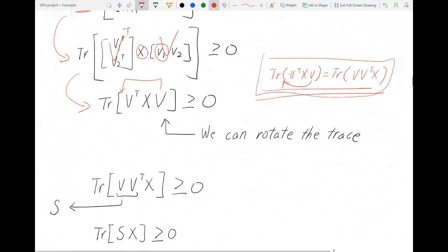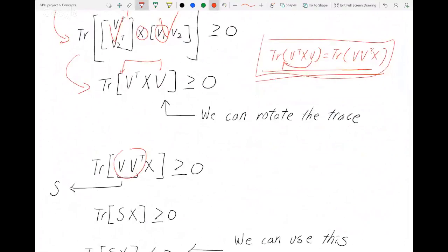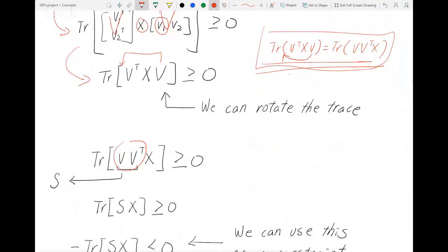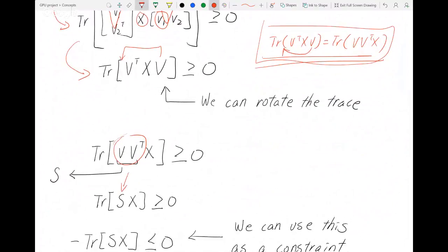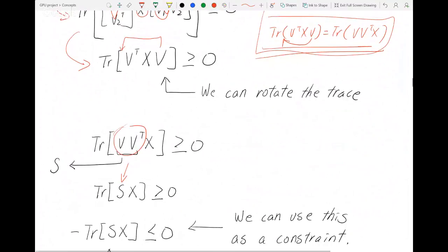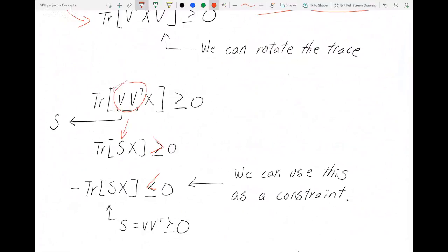Once you rotate that, we're going to call this matrix S. That's S here. And notice over here is greater than. We can convert to less than by putting a negative here. And this S has to be positive semi-definite and symmetric because of where it came from.